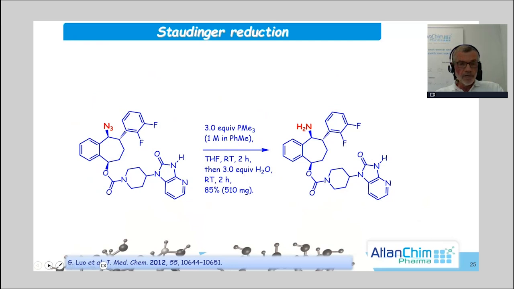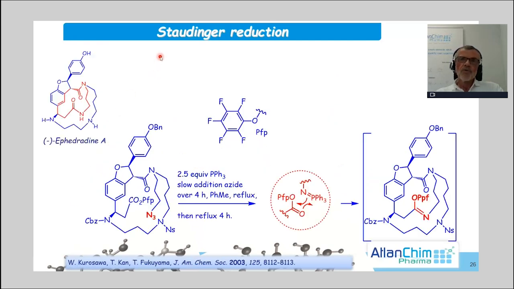To conclude this section, we will look at 2 examples where the reactivity of the iminophosphorane intermediate of the Staudinger reduction is exploited to form macrolactams. One of the most challenging steps of the total synthesis of this complex natural product was the formation of the macrolactam ring here in red.